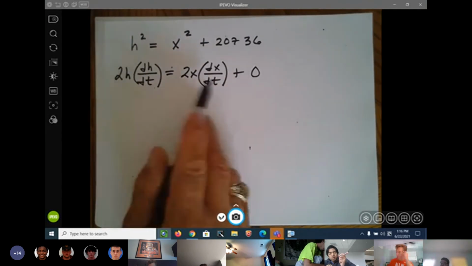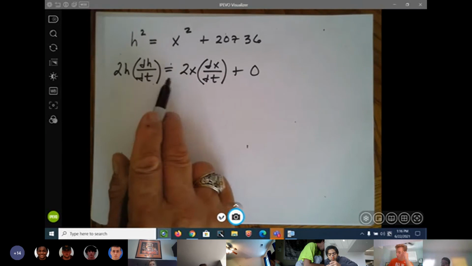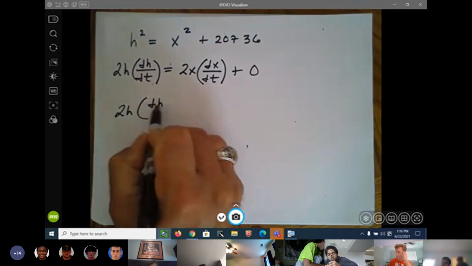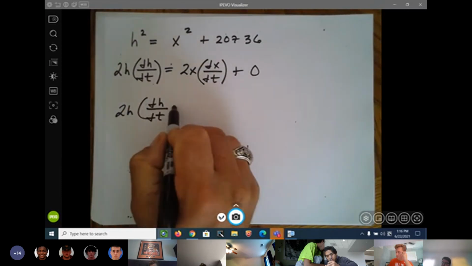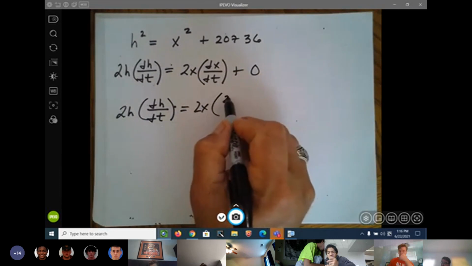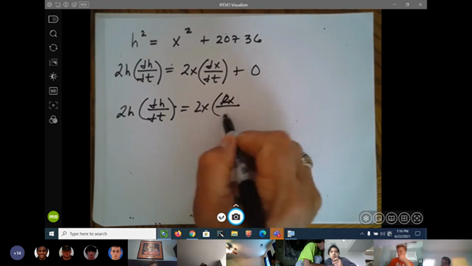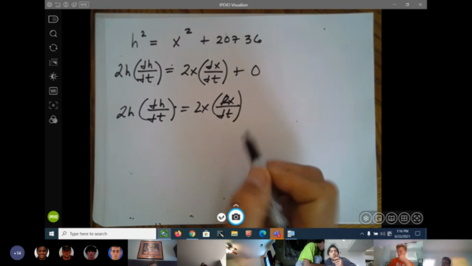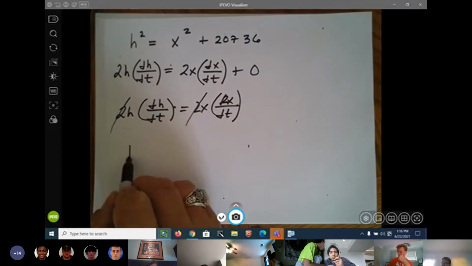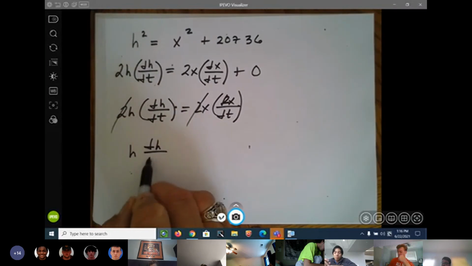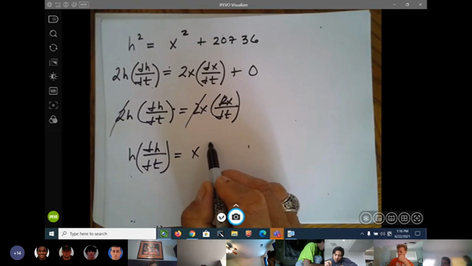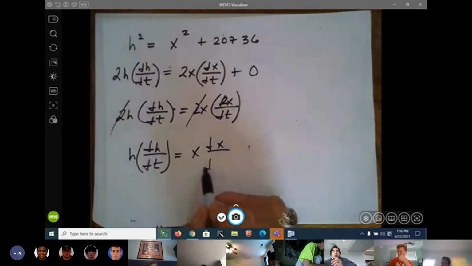Well, we can simplify this, because this basically says 2h dh/dt equals 2x dx/dt. The 2's cancel, so you're left with h dh/dt is equal to x dx/dt.